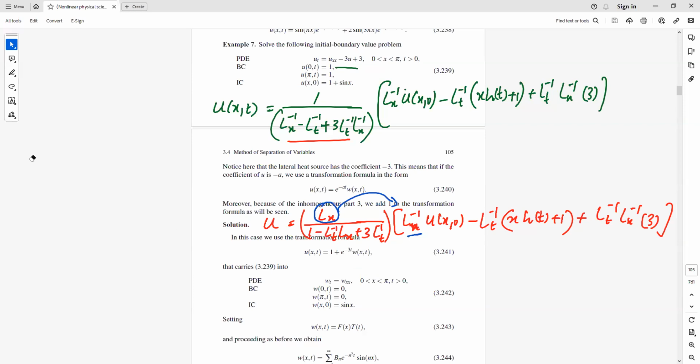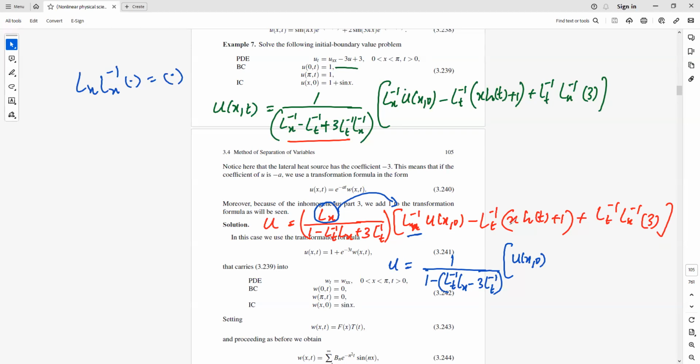Let me write it like this: U equals 1 over 1 minus Lt inverse Lx minus 3 Lt inverse, and Lx is applied here, so we are left with U(x,0) because Lx applied on Lx inverse cancels and we get the function only.